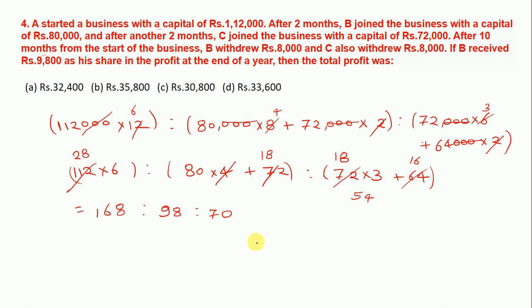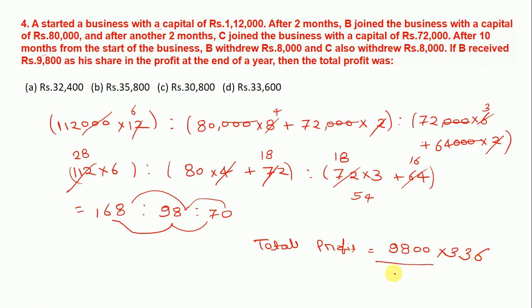So total profit will be 9,800 into 0 plus 8 plus 8 is equal to 16. Now 7 plus 9 is equal to 16 plus 6 22 and plus 1 23, and it is divided by 98. Just cancel, it will be 100 remain here, and simply multiply 100 by 336, and answer will be option D, 33,600.